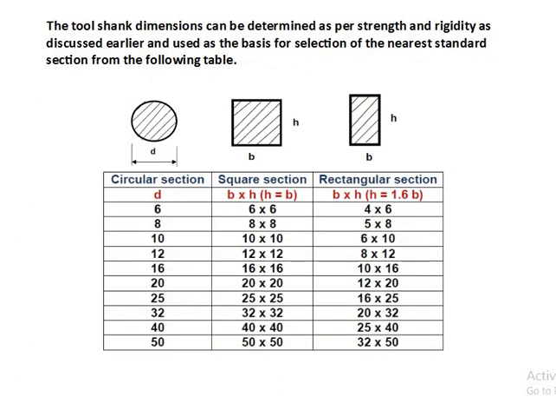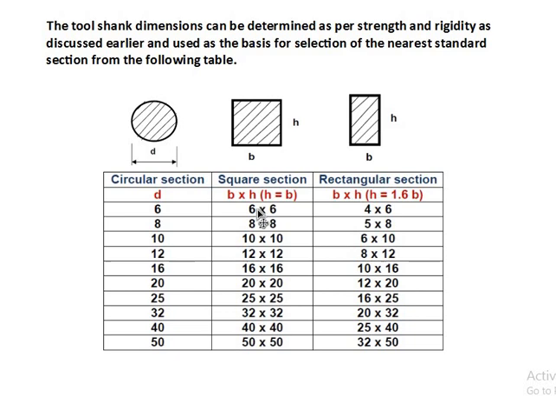The tool shank dimensions can be determined as per strength and rigidity as discussed earlier and used as the basis for selection of the nearest standard size from the following table. This table shows the standard dimensions of tool shank. If it is a circular cross section, the diameter varies from 6, 8, 10 up to 50 mm.